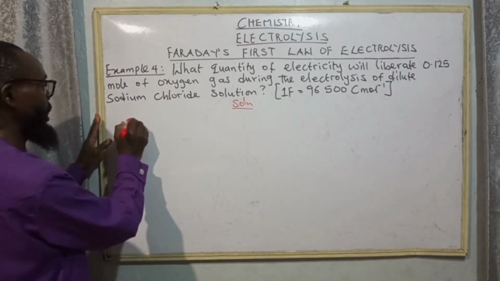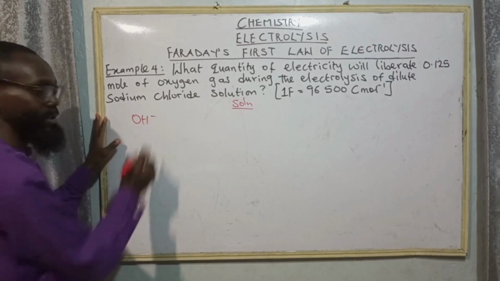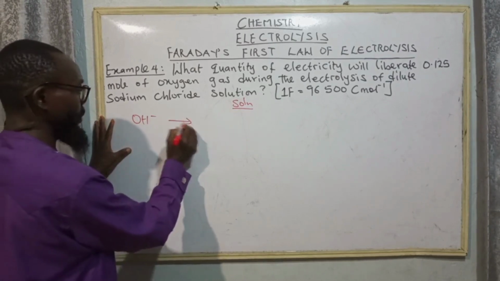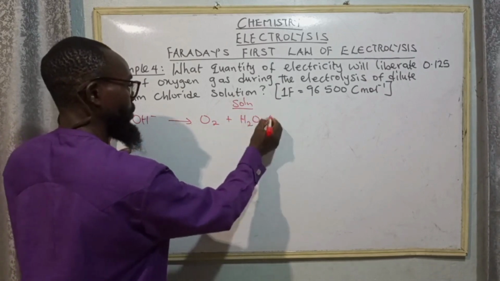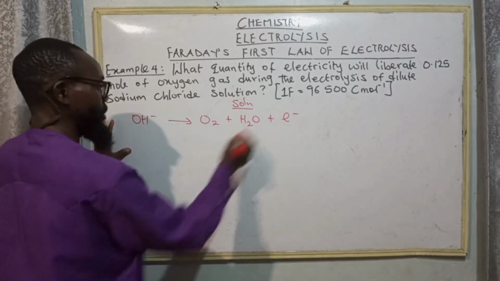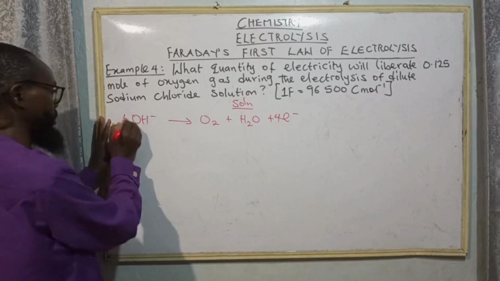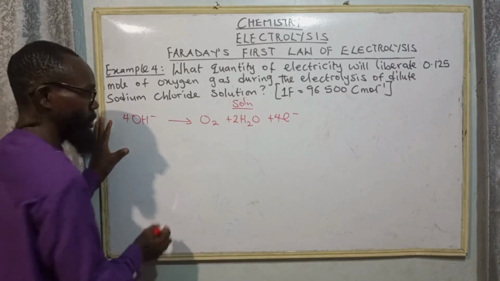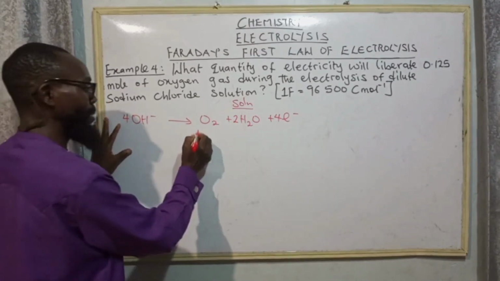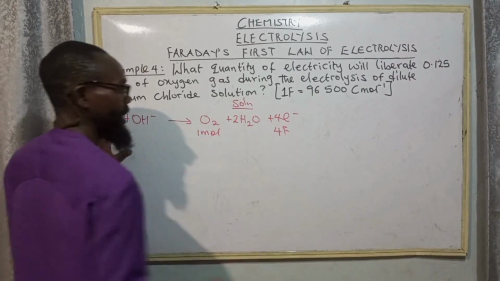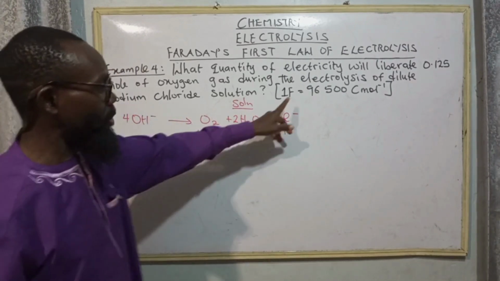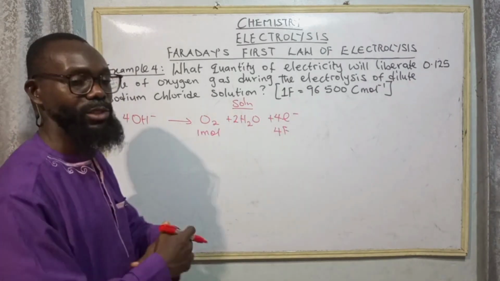Oxygen was derived from OH minus, which is going to give us oxygen plus H2O plus electrons. This is going to be 4 Faradays, and this one will be 2. So 1 mole of this oxygen will give us 4 Faradays.